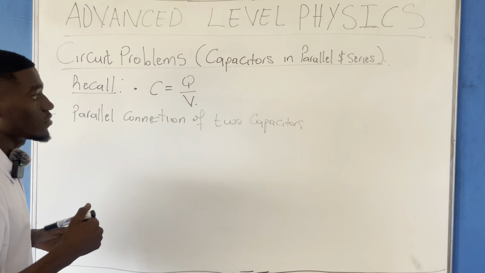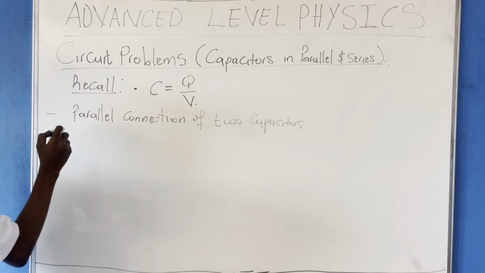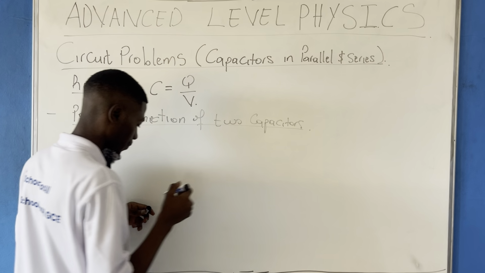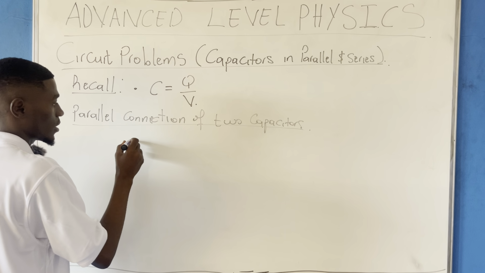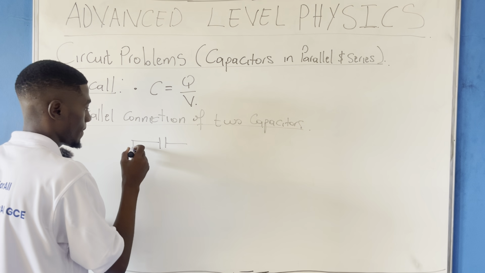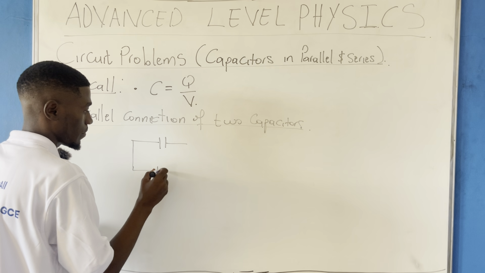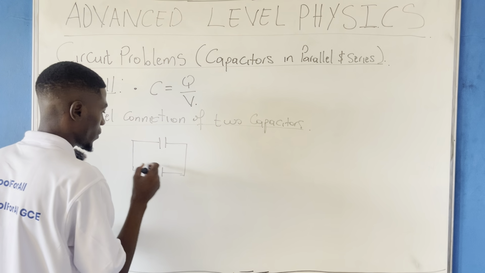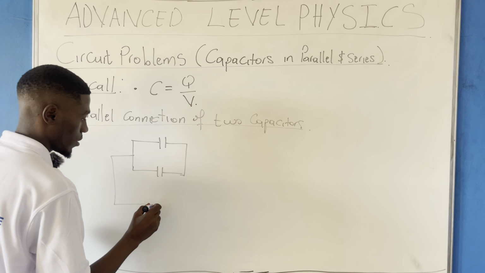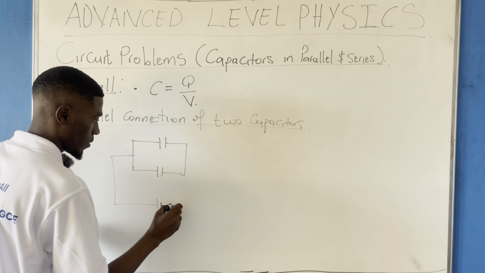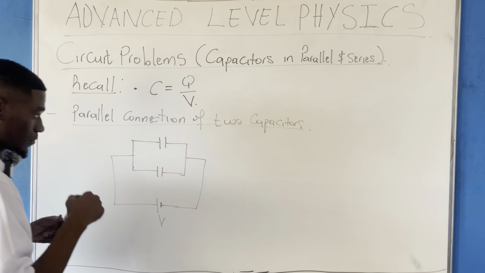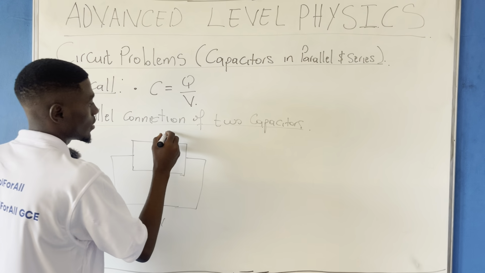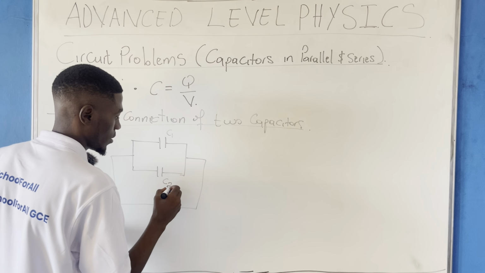When you have two capacitors connected in parallel like this, this is how we connect two capacitors in parallel. Then we place a small cell here to provide a PD of V. Let's call this one C1 and this one C2.